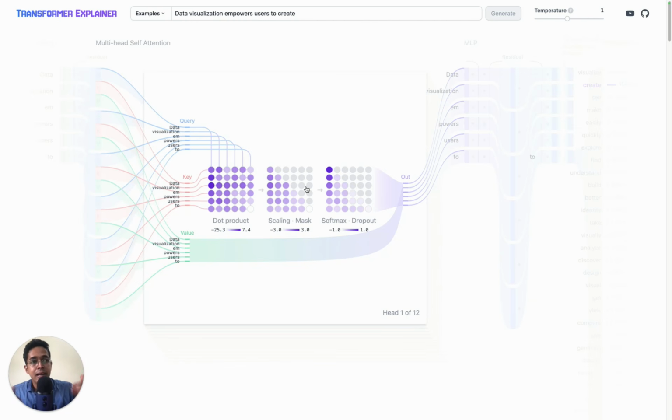The probability corresponding to the highest number, which is 3 in our example, will be the highest. So maybe softmax of 3 will be, I have to do the calculation, but let's say it is 0.6. Softmax of 2 among the numbers 1, 2, 3 is, let's say, 0.3. Then the softmax of 1 will be 0.1. So 0.6 plus 0.3 plus 0.1 will be equal to 1.